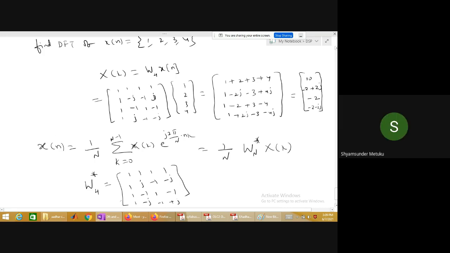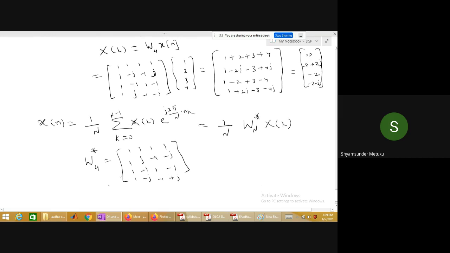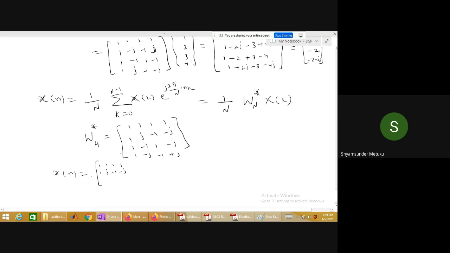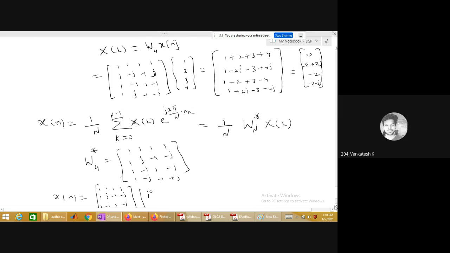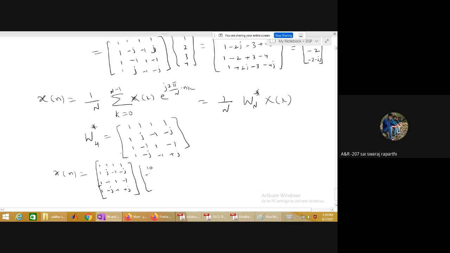Now from the result, can you calculate what is x of n? X of n I want, which is the conjugate matrix with rows 1 1 1 1, 1 j minus 1 minus j, then 1 minus 1 1 minus 1, 1 minus j minus 1 plus j, multiplied by the DFT values 10, minus 2 plus 2j, minus 2, minus 2 minus 2j.